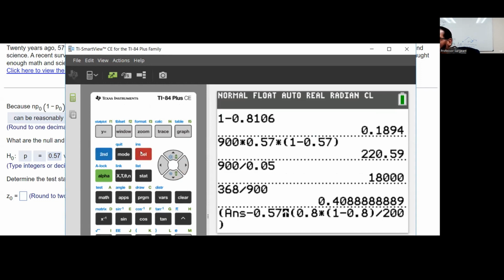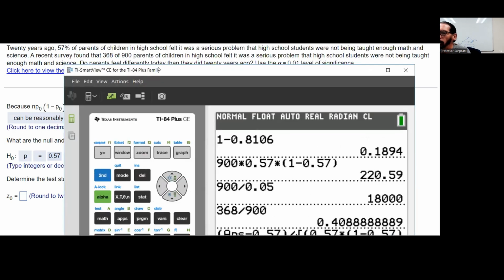And in our denominator, what we are dividing by, we needed P, as in P naught, the claimed population proportion, times 1 minus that, and divided by the size of the sample, which was the 900.